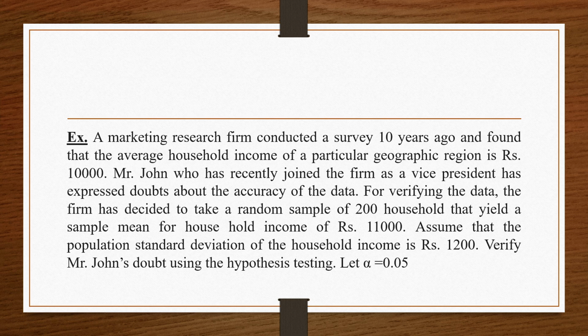For verifying the data, the firm has decided to take a random sample of 200 households that yields a sample mean household income of rupees 11,000. Assuming that the population standard deviation of the household income is rupees 1200, verify Mr. John's doubt using hypothesis testing. Here we have considered alpha to be 0.05.